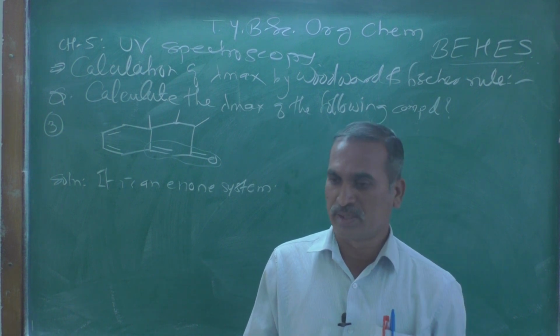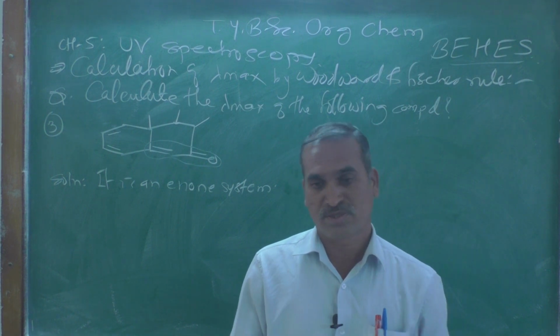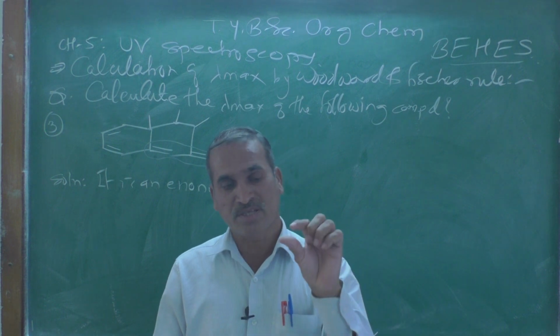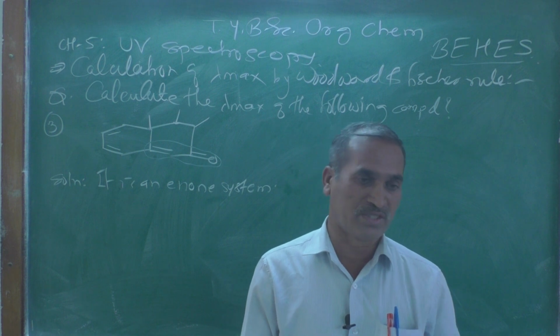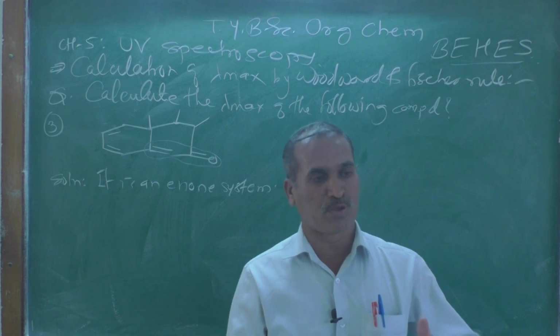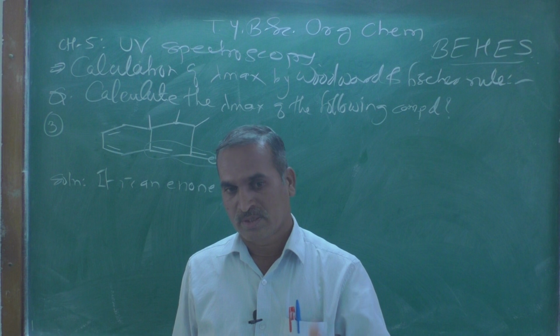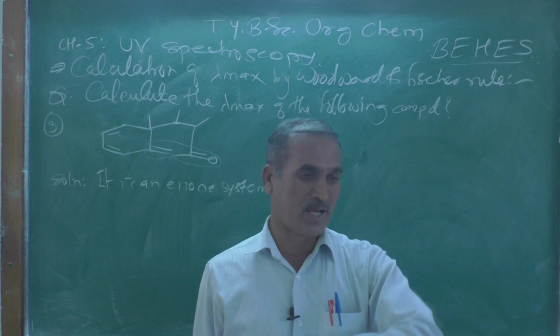If you remember yesterday's structure, Z is adjacent to that carbonyl group on one side, exactly opposite to the conjugated double bond.